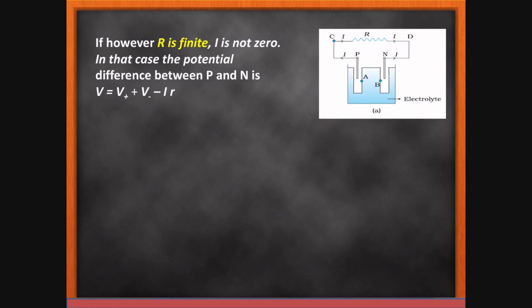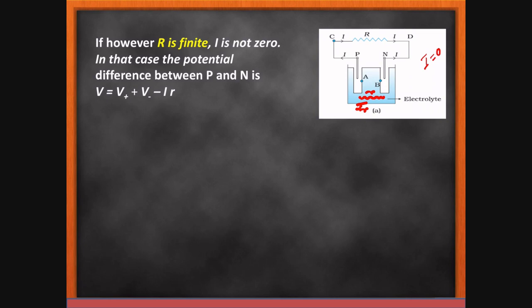And see what happens when R is finite. If R is finite, then this current I is not equal to 0. So in that case, there is some potential drop across here, and we take this as a small r. So the potential drop here is I into r.